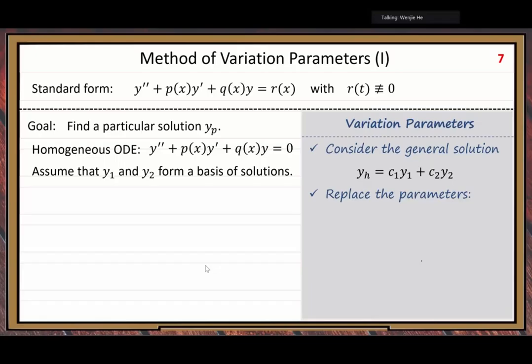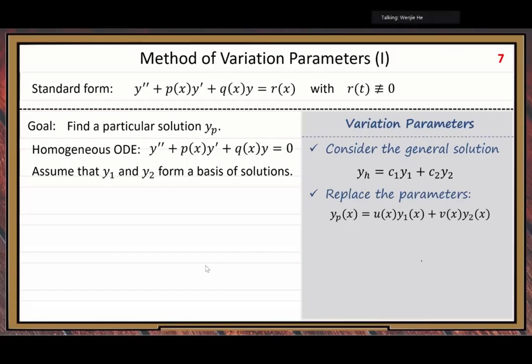Function form. That means you replace c1, c2 by two undetermined functions. We use a u function and a v function to replace c1, c2, in order to calculate yp, to be determined. When mathematicians developed this technique, they really needed to use their imagination.